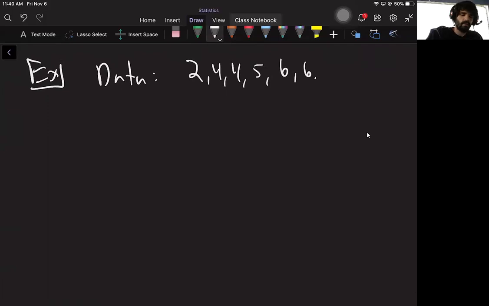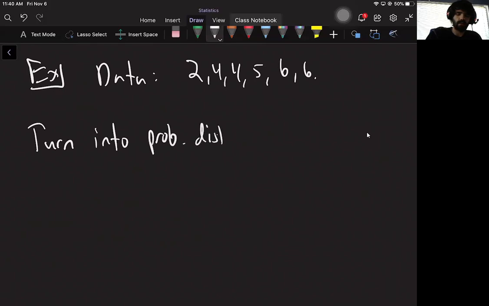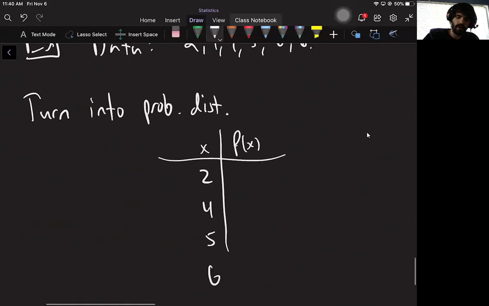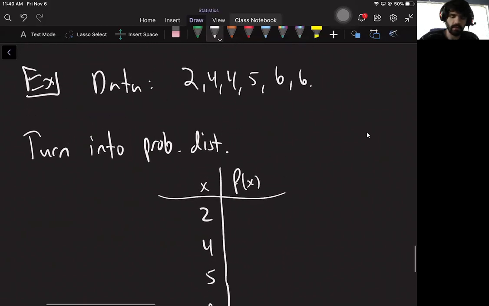So first, I can turn this into a probability distribution. We learned how to do that last time. So the way that works is on the left, you put the possible values of little x, and that just comes from the possible data points. So here the data points can be 2, 4, 5, or 6. And then the probabilities you put on the right are just how often they show up.